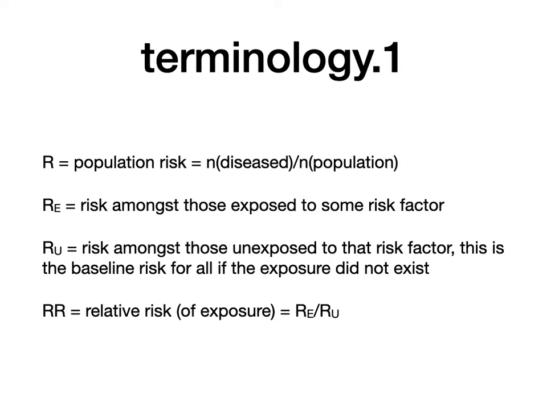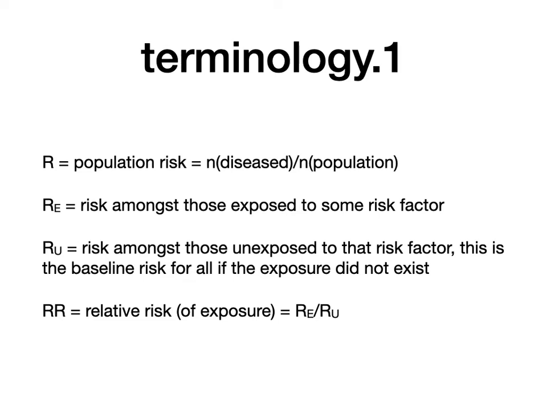But perhaps more interestingly, you would like to know what the risk is amongst those who have been exposed to some risk factor, whether that is something that's voluntary, like smoking, or something that's involuntary, like being breathed on by somebody who's infectious.